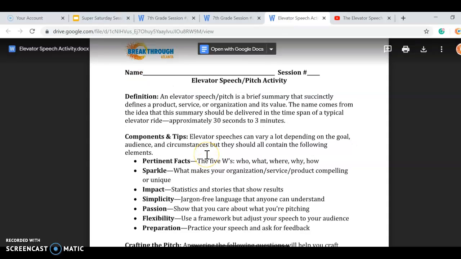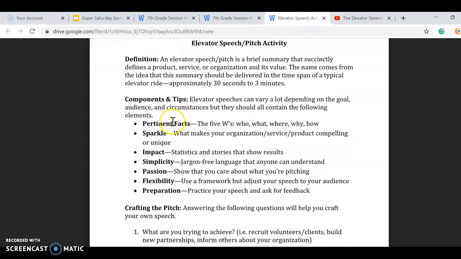So once again, the activity has a definition, and then please review the components and tips on how to deliver effective elevator speeches. So making sure that students know these components, which are providing pertinent facts, including the 5 W's: who, what, where, why, and how.